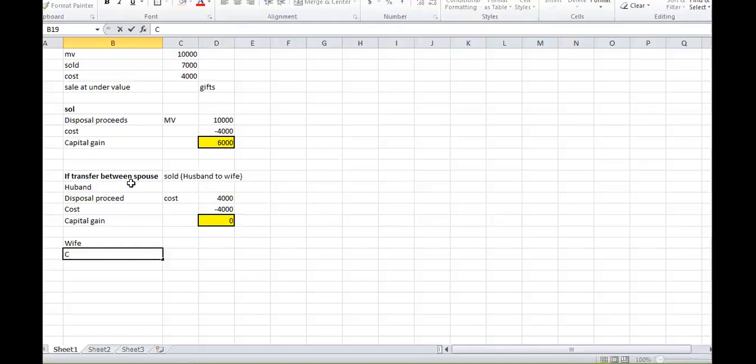Because now wife owns this asset, what would be the cost for the wife? 4,000 pounds. Whenever there is a transaction between husband and wife, it will be recorded at cost. So the cost of the husband, which was 4,000 pounds, will become the cost for the wife. And for the husband, there will be no gain, no loss. So these are the different cases to determine the selling price in different situations.